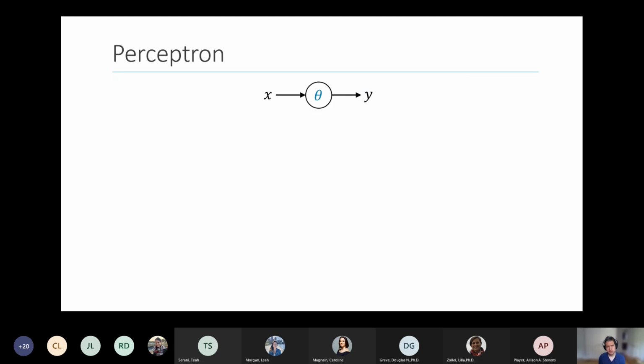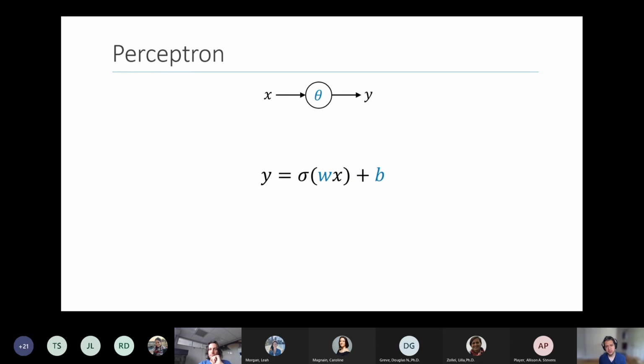So the first one goes by many names: neuron, node, perceptron. But the main idea is that we have some input and we're just going to treat it as scalar for now. And then we do some simple operation on it and we get some other scalar out. And it usually looks something like this.